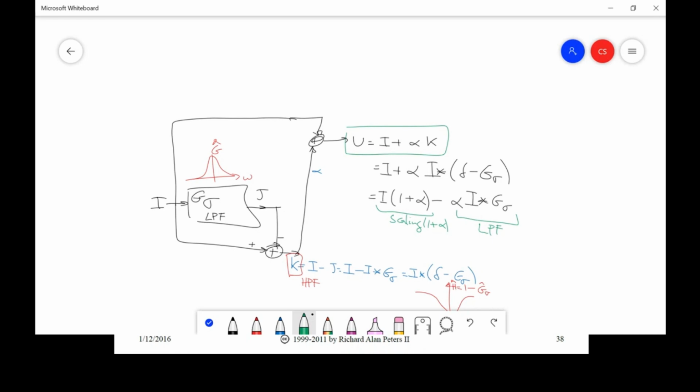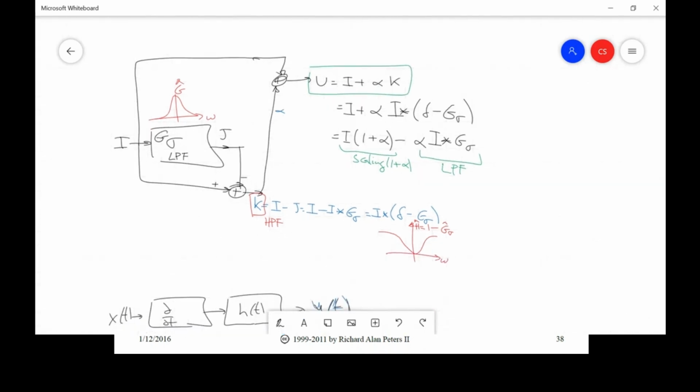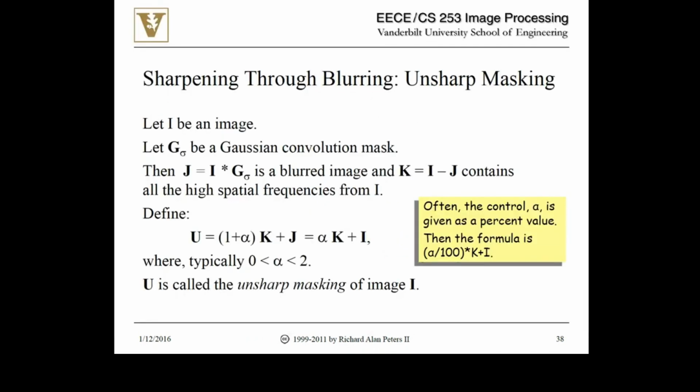And we already know where those ideas come from. This minus sign here is related to that minus sign there. To get a high-pass filter, I take a low-pass filter and do 1 minus that, and that translates into the minus. This alpha typically takes some value between 0 and 2.